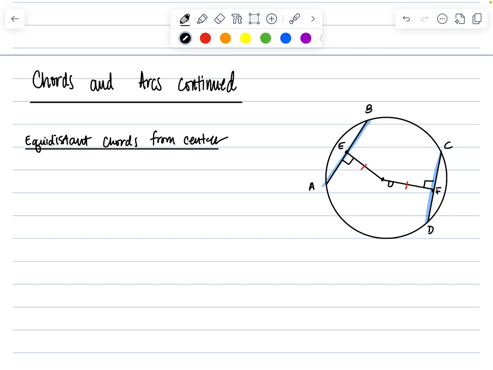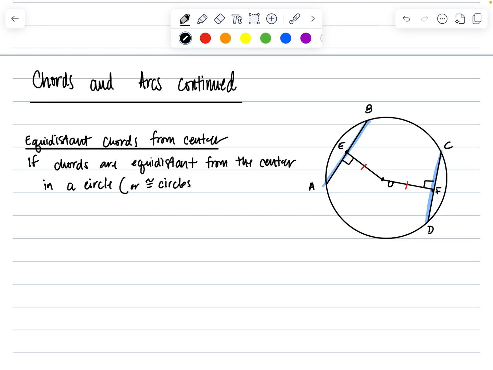So this states if chords are equidistant from the center in a circle, and I'm going to put this in parentheses, or congruent circles, so it could be two separate circles that have the same size. So this is an if-then. Then the chords are congruent.